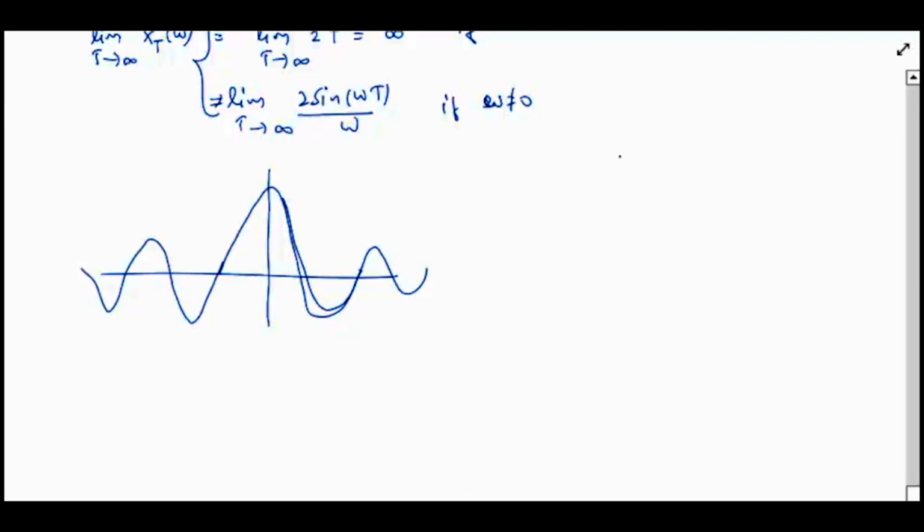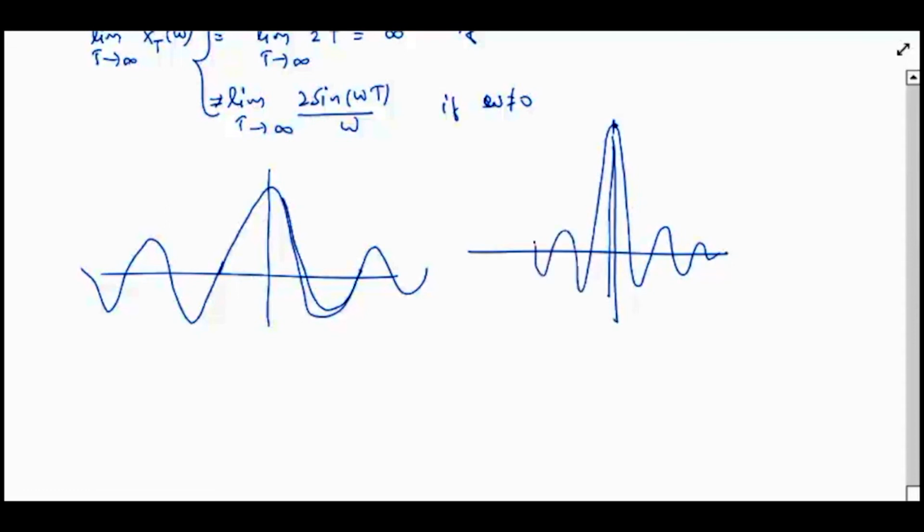If I increase T, the amplitude at omega equals 0 increases, and at the same time the plot gets compressed. So I see something of the following sort.